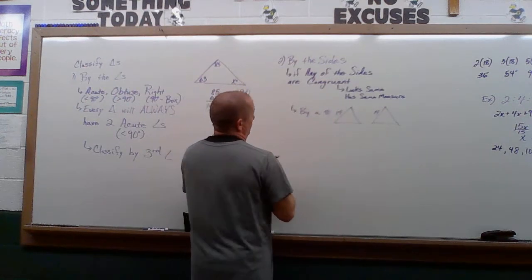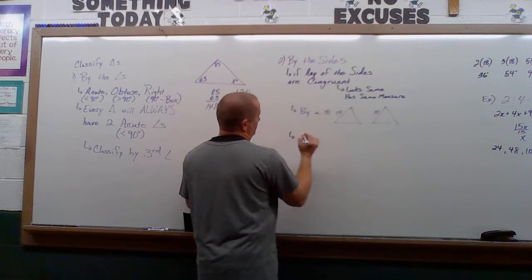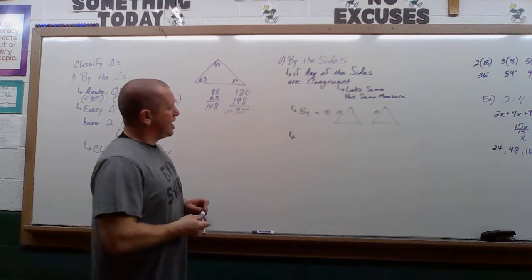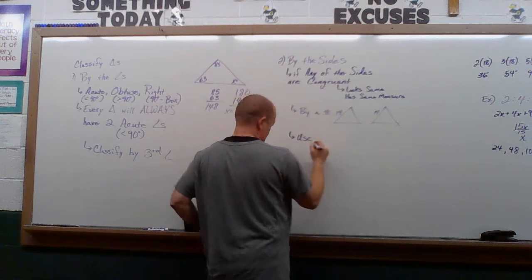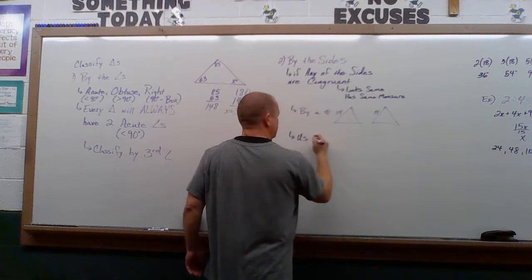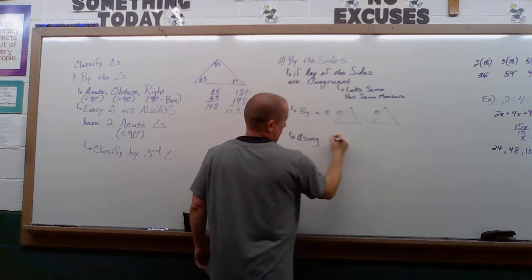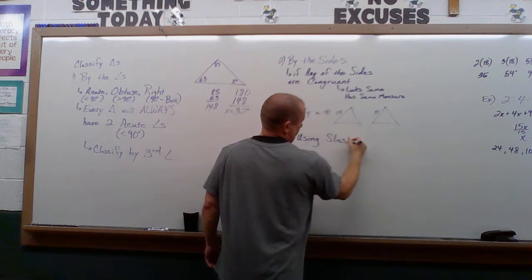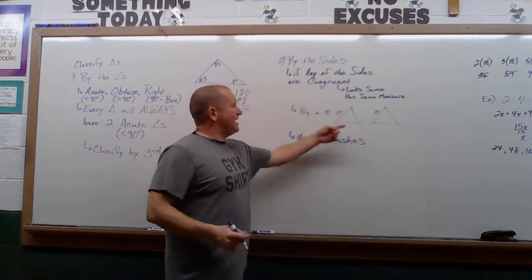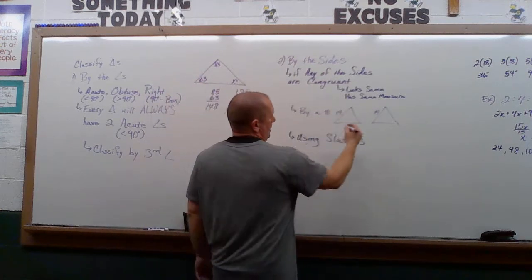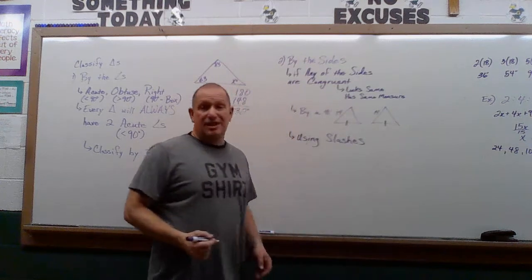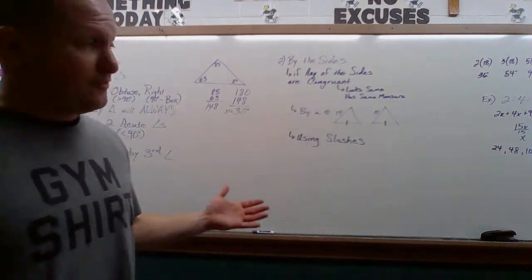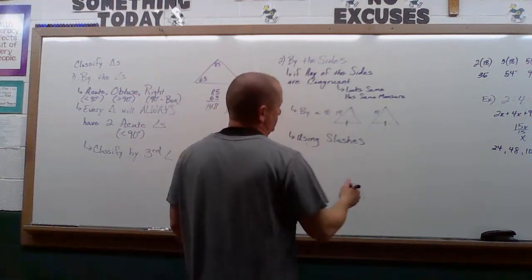All right? Another way that you can do this, and this is probably the more common way in geometry, is using slashes. So if we go back to the same example up here, and I say that this has one slash and this has one slash, that means those two sides that have just the one slash are congruent to each other.